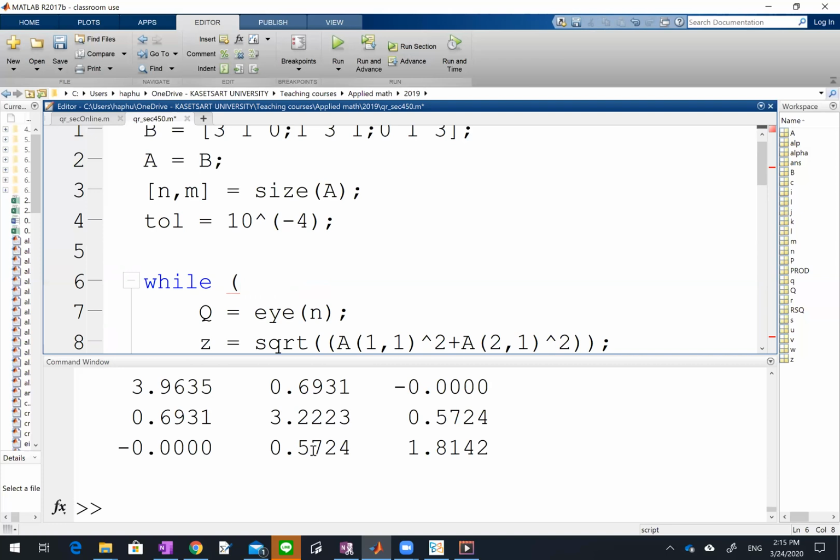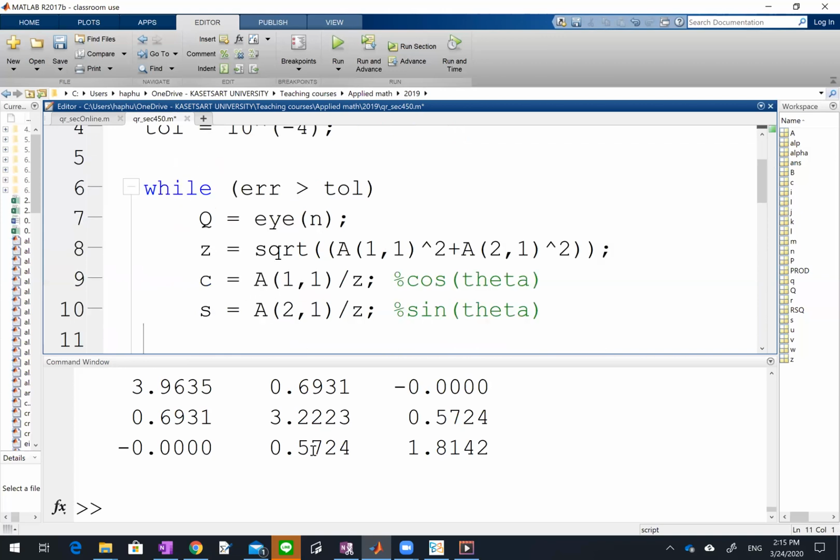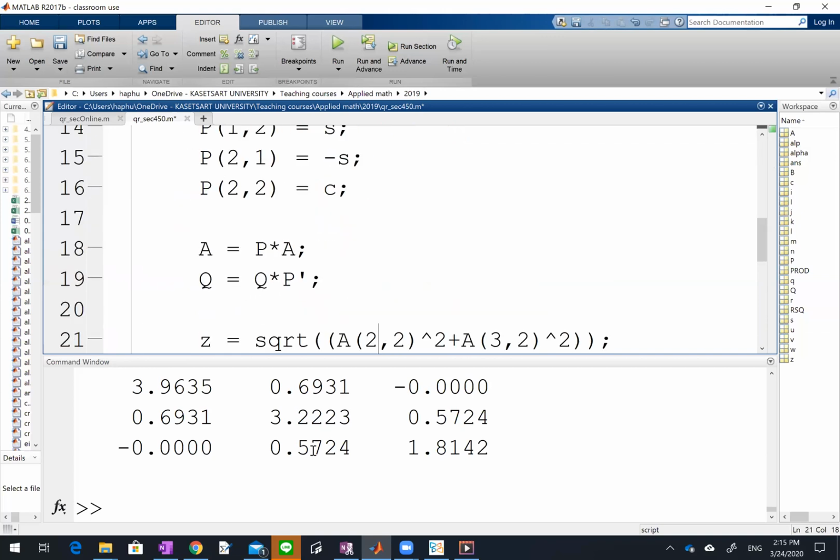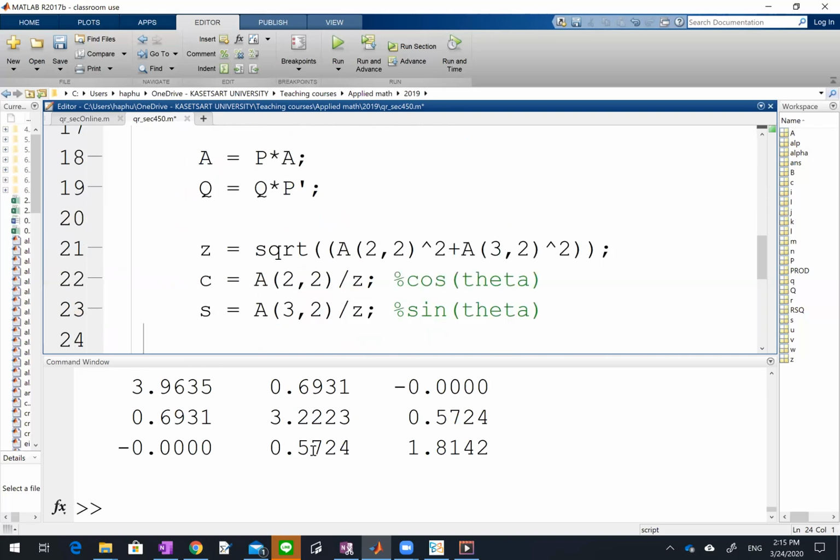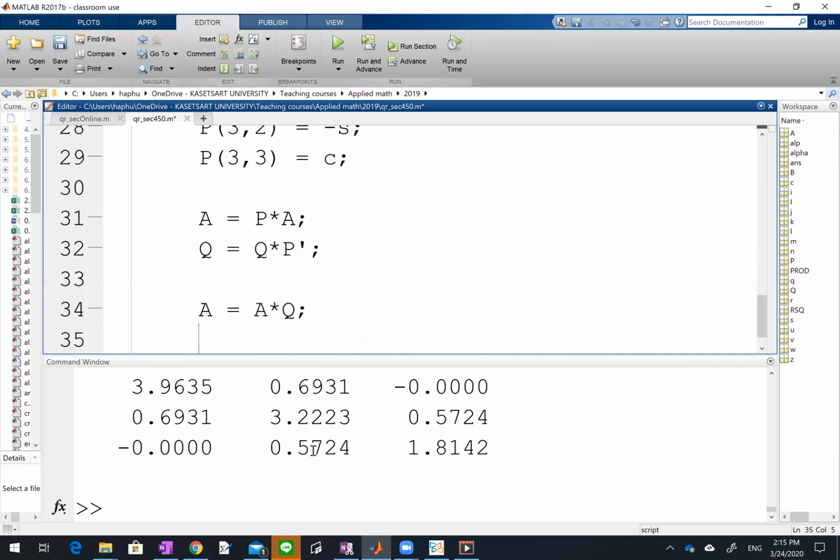While the error term is greater than TOL, just keep going. Otherwise, just stop. And here, at the very beginning, I want to say that my ERR is going to be A in the position 3, 2. Here, the position 3, 2 is here. If my ERR, which is A in the position 3, 2, is small enough, then I can stop.